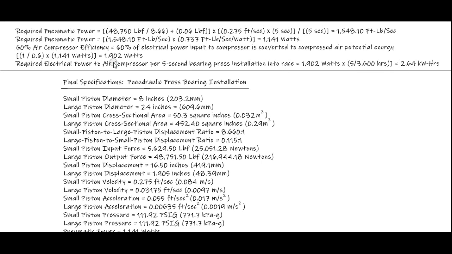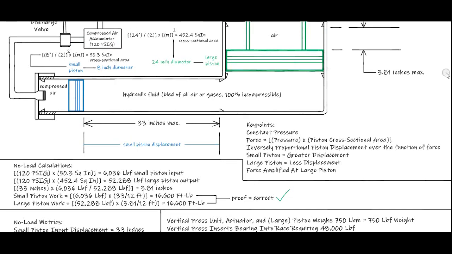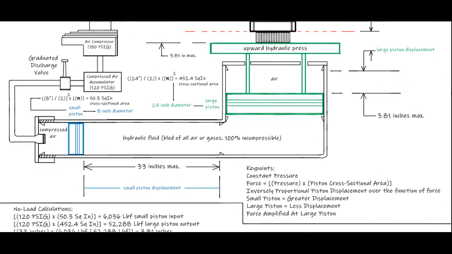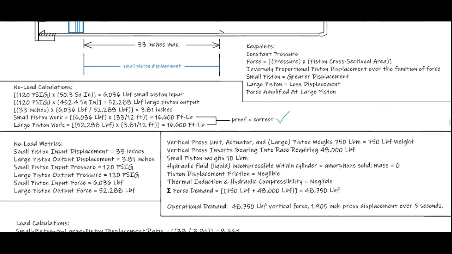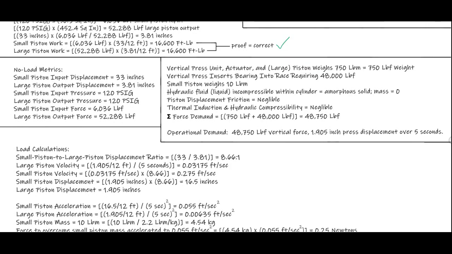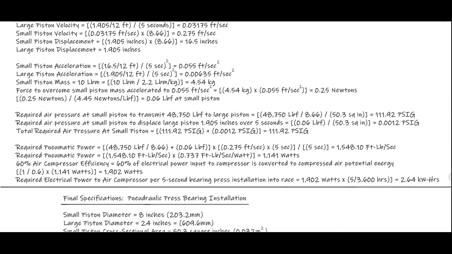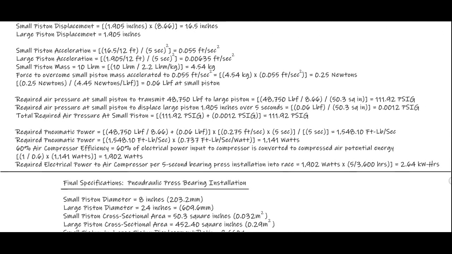So 5 over 3600 times 1902 watts yields 2.64 kilowatt-hours per bearing insertion cycle. That gives you an idea of the power distribution, the power consumption, and ultimately the mechanical efficiency involved, which then allows further specs to be written on the life cycle analysis.